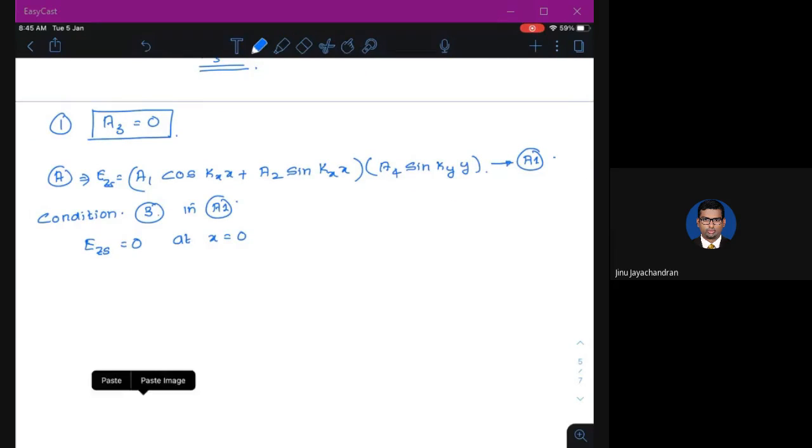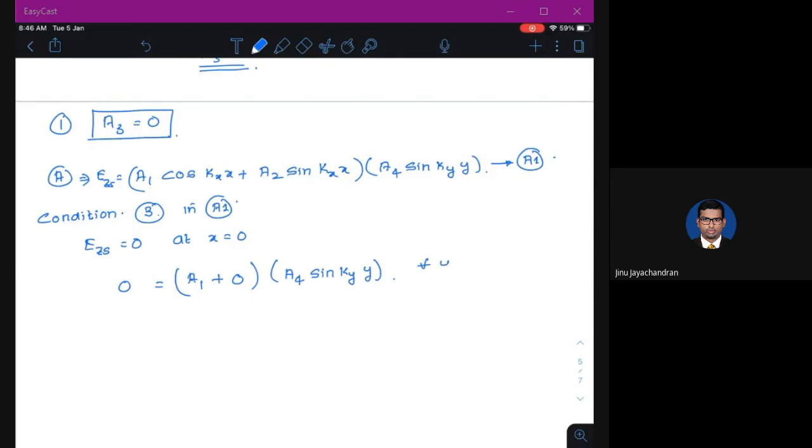So when you apply this boundary condition, you say 0 is equal to A1 cos 0. When you substitute x equal to 0, this is cos 0, and cos 0 is 1. Plus, when you substitute 0 here, this is sine 0, which means this is 0, multiplied by A4 sine ky y.